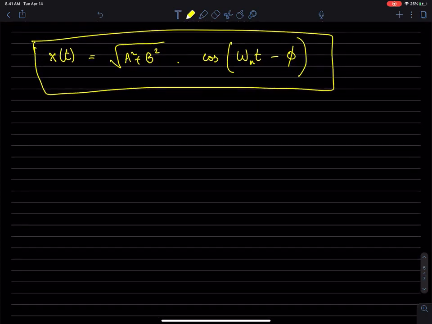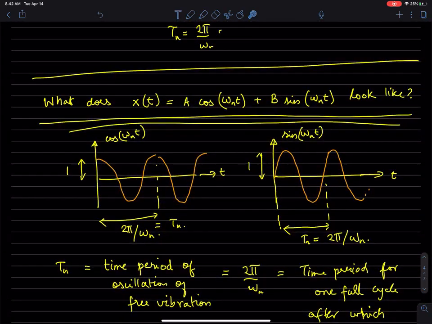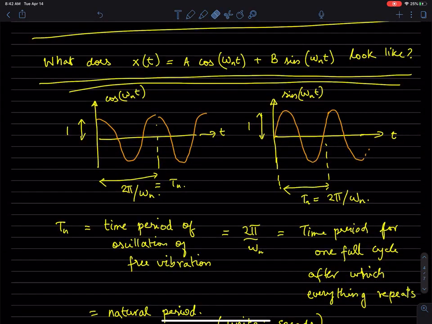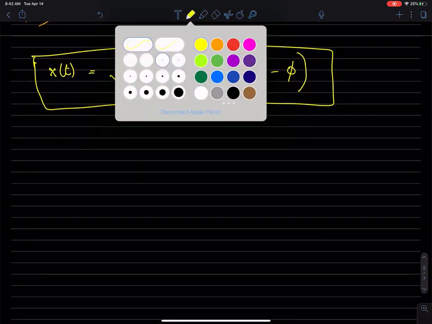So what does this mean? This expression is now indicative of what this function looks like. It's basically a cosine.